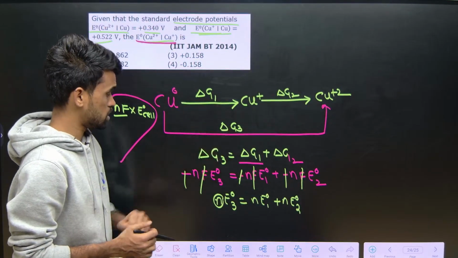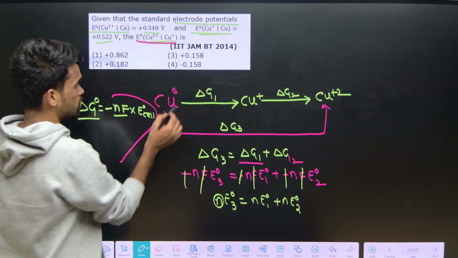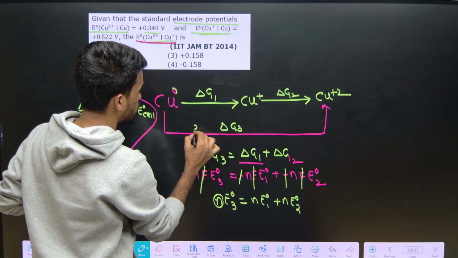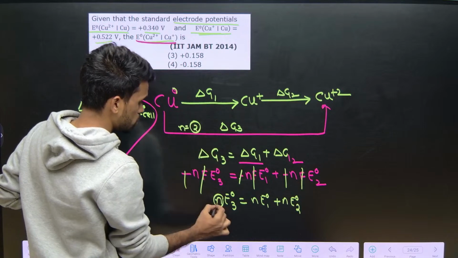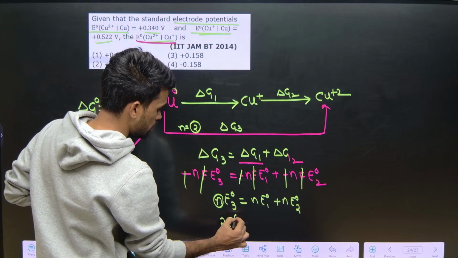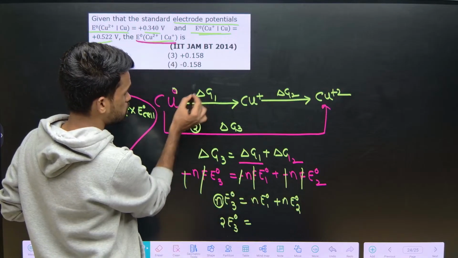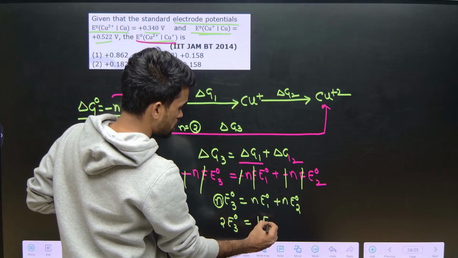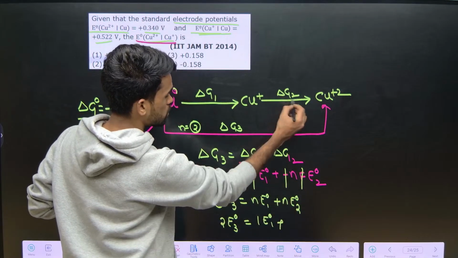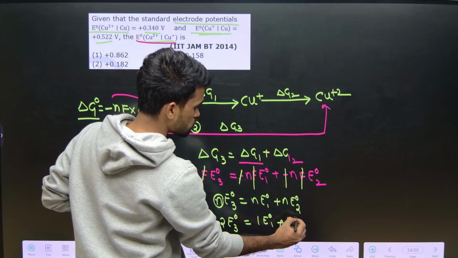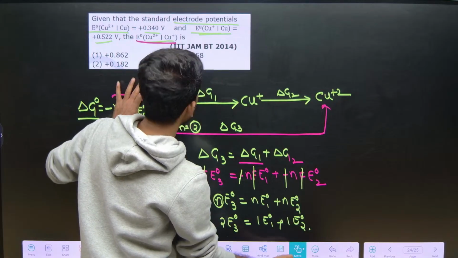In the G3 process, how many electrons are involved? 0 is converting into 2, so the n value is 2. So you can write 2E0 3. In this process only one electron, so 1 E0 1, and in this process 1 electron, so E0 2. Now what are they asking here?